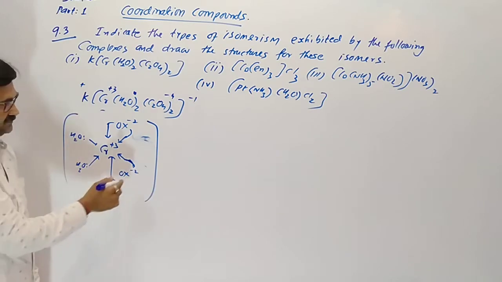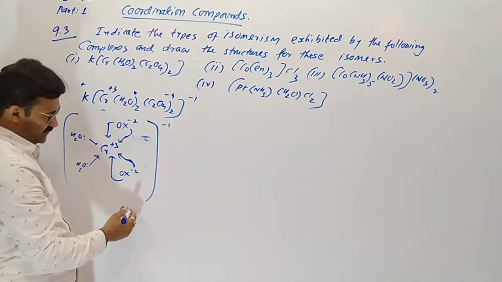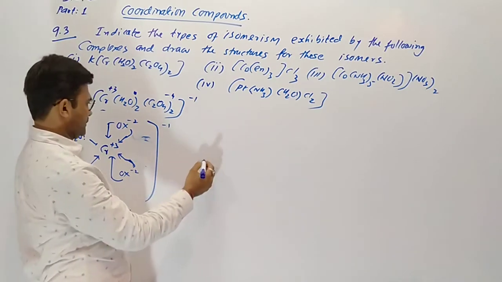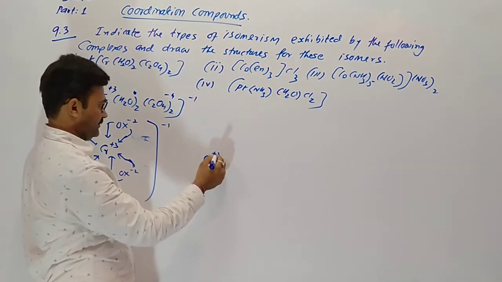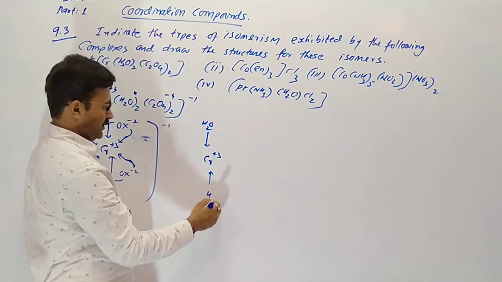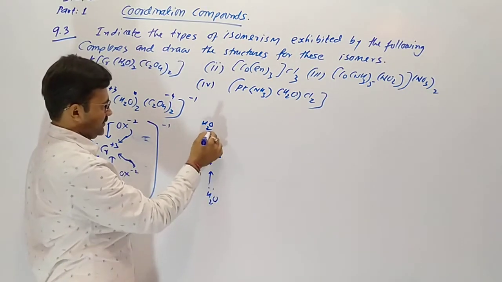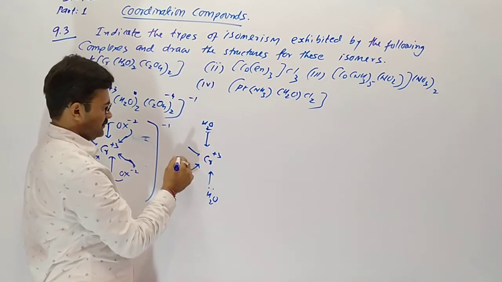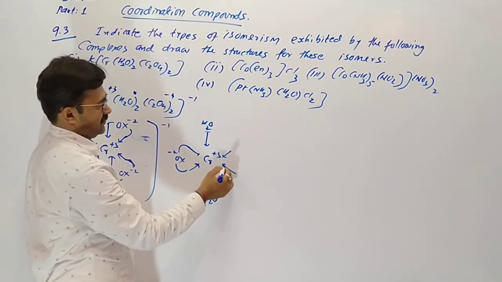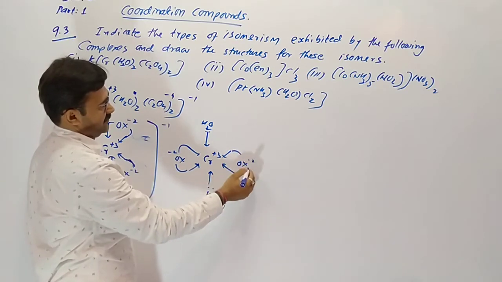This is cis. Now the trans of it: the 2 aqua are perpendicular to each other, and the 2 oxalato are also opposite to each other.